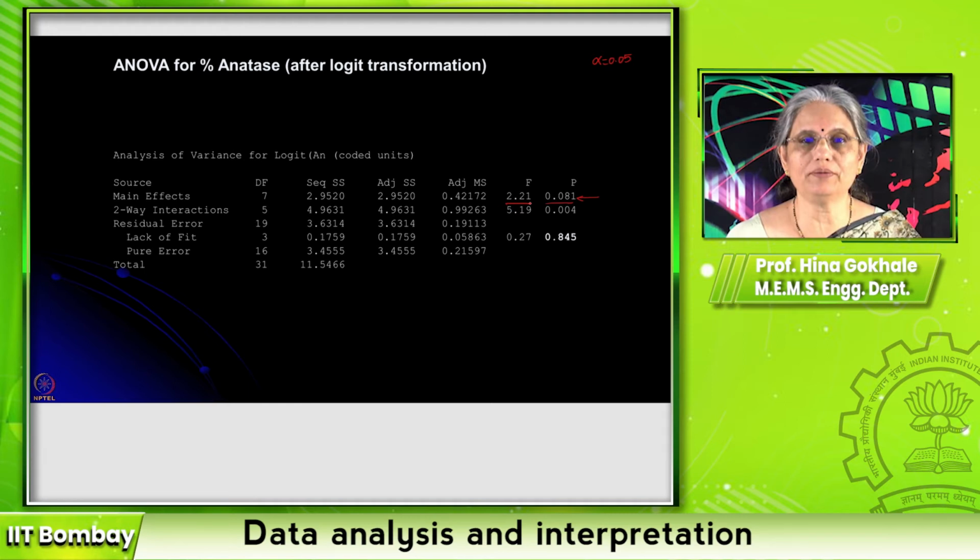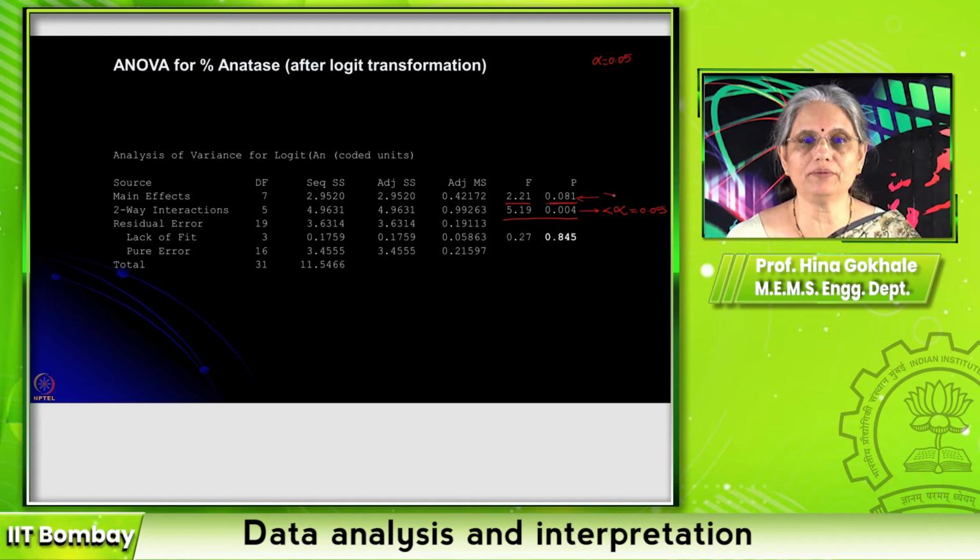So, here what we are saying is that though we found that plasma gas flow rate is important, here we find that main effects are not significant. However, the interactions are significant because this value is less than alpha, which is 0.05.